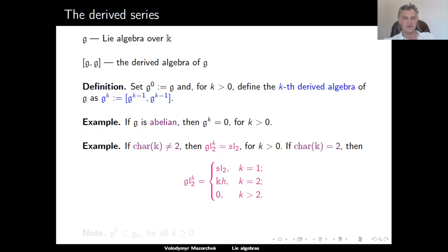The second derived algebra of GL2 is the linear span of the diagonal element H, and all higher derived algebras of GL2 are 0. Let us note that the kth derived algebra G upper k is a subspace of the kth component G lower k of the lower central series of the algebra G, and this holds for all k greater than or equal to 0.